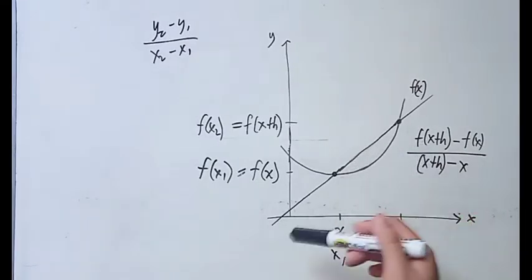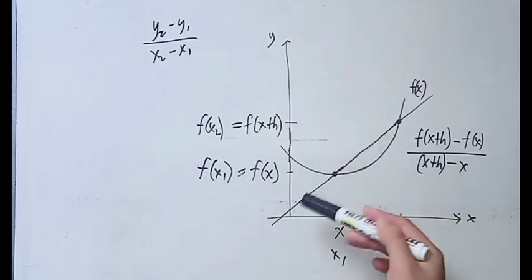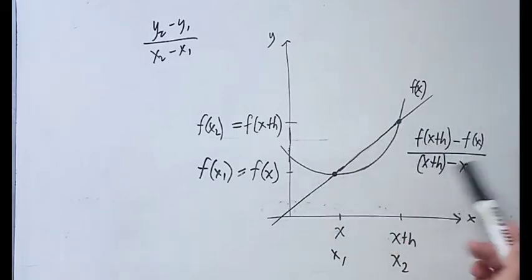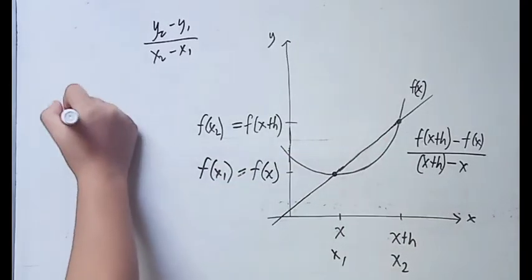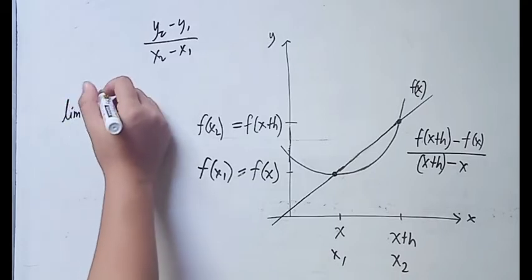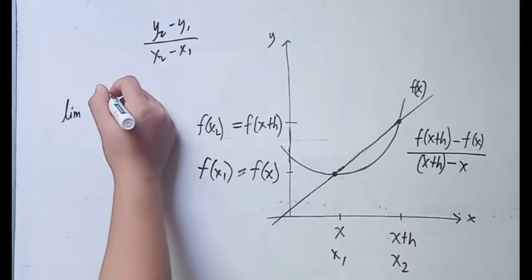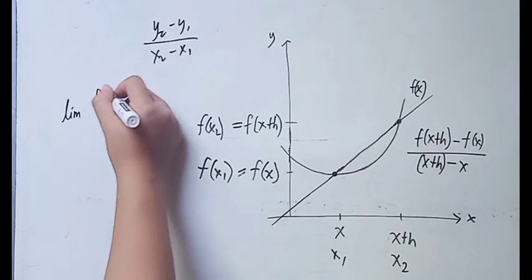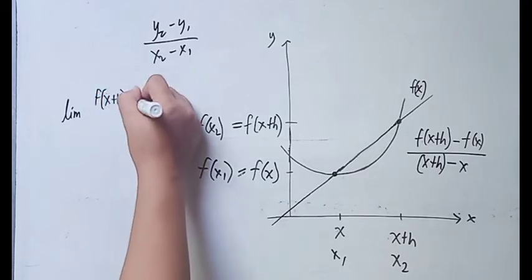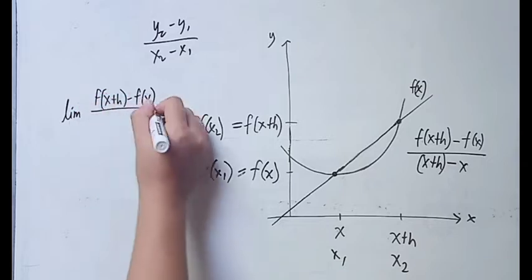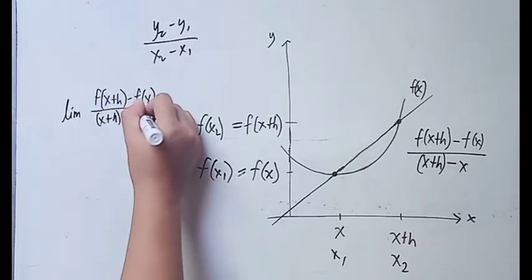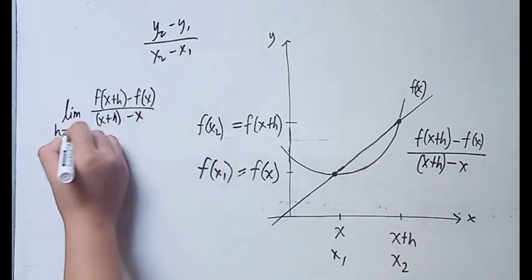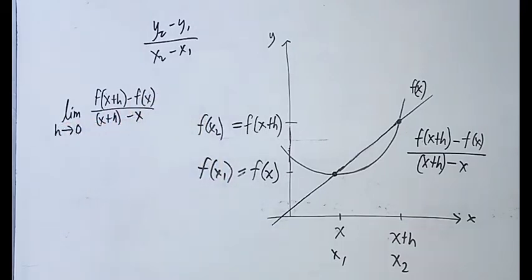But since we are looking for the instantaneous growth of this, then we will take the limit of this slope. And that is the limit of f of x plus h minus f of x all over x plus h minus x as h approaches 0.